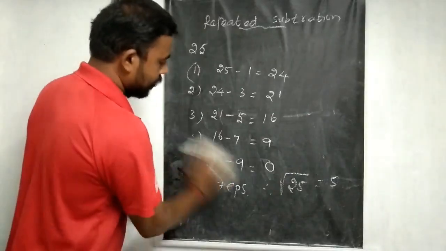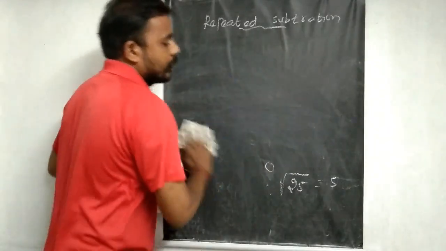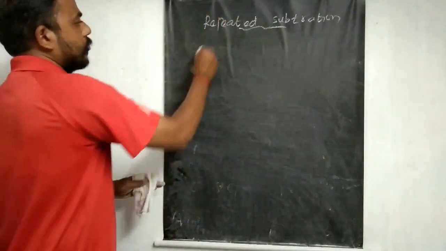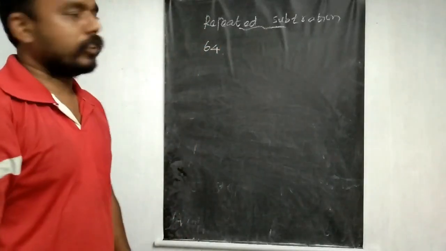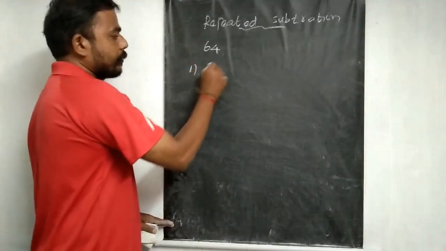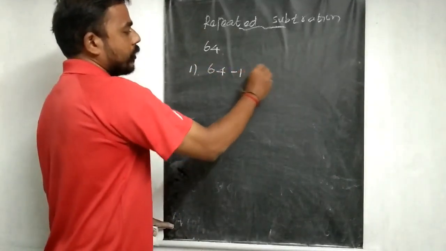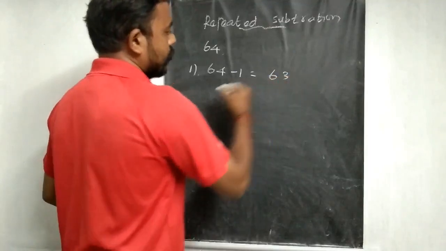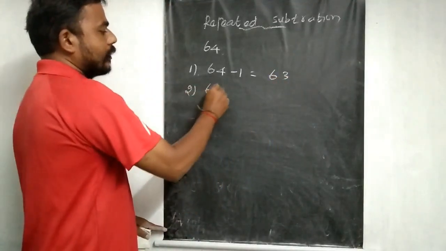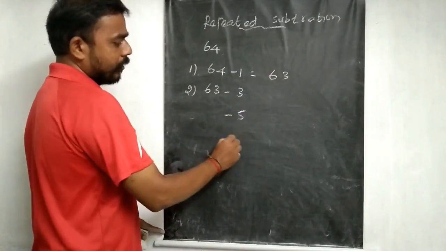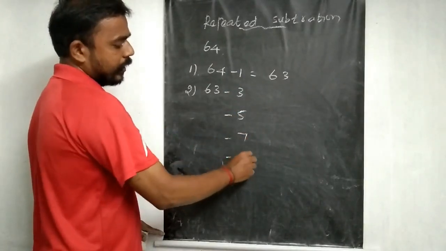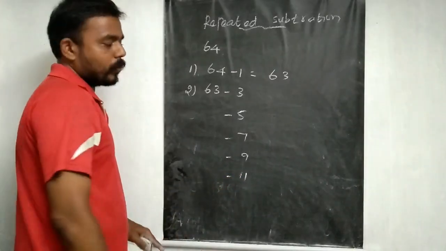The same way, suppose 64. Using repeated subtraction, we need to find the square root of this number. First step: 64 minus 1, so we get 63. Second, 63 minus 3, the odd numbers being 1, 3, 5, 7, 9, 11 and so on.